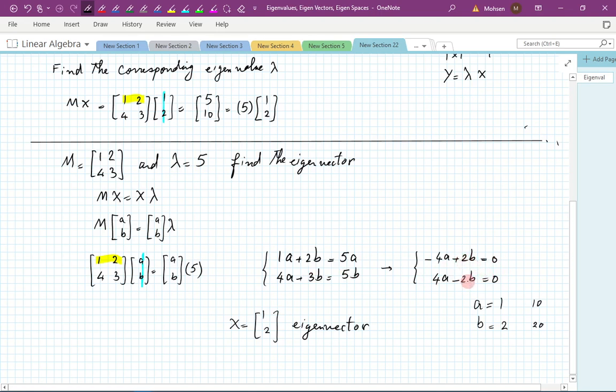There is something special about this system that allows us to pick non-trivial answers, and we are going to talk about this more extensively later on. But right now, for 2 by 2, special means these two equations are multiples of each other. So that is this case. Let's go ahead.